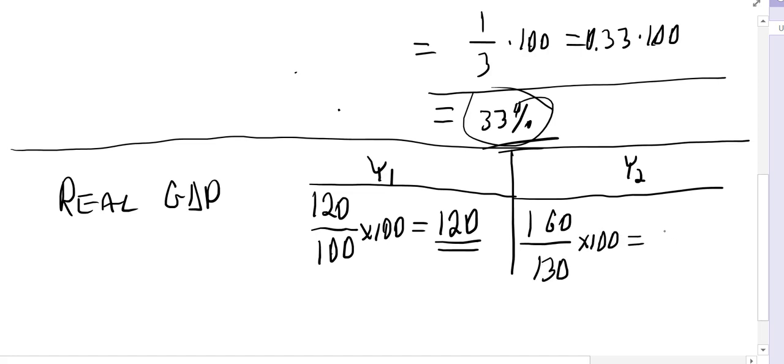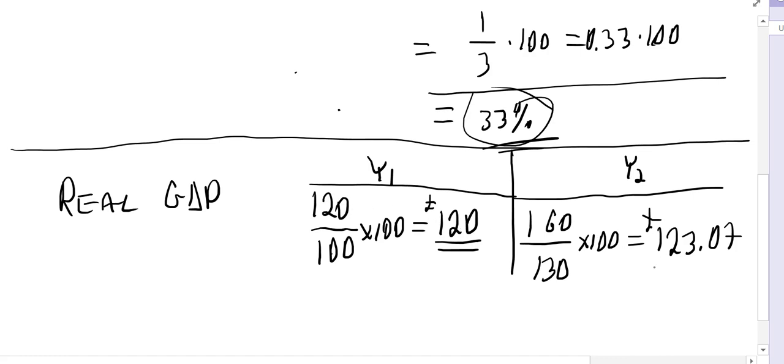What does it give us? I need a calculator here. If I simplify, 160 over 130 is 16 over 13, and that's 123.07. Yes, I kind of remember that. So that's how much these real GDP values are. Now, this is our real GDP. Look, in the base year, real GDP is the same as nominal, so it's the same value.